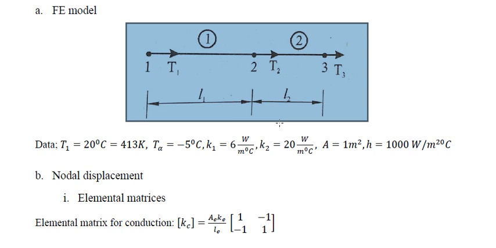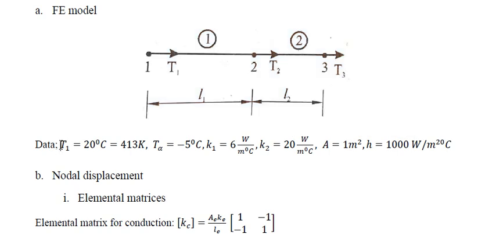As I told, we have considered two elements, element 1 and element 2, having node 1, node 2 and node 3. This is L1, this is L2. T1 is given as 20 degrees centigrade.